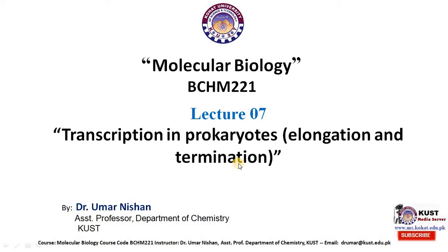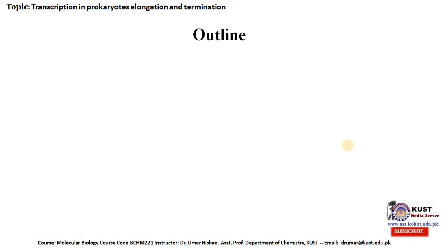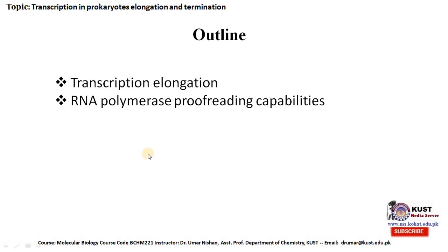So the two processes of transcription are going to be described in detail in this lecture. The outline of today's lecture is we will talk about transcription elongation. We will briefly talk about RNA polymerase proofreading capabilities. We will talk about transcription termination.